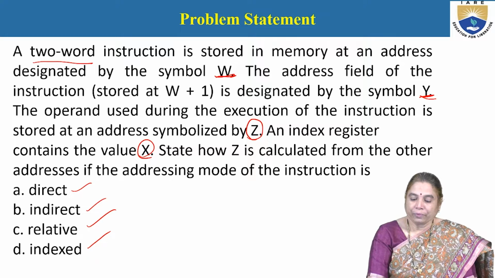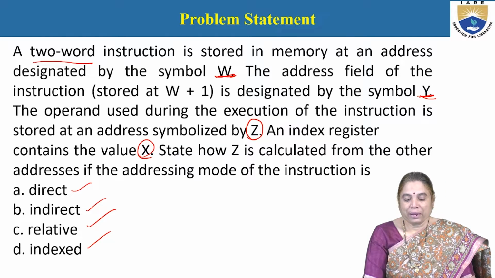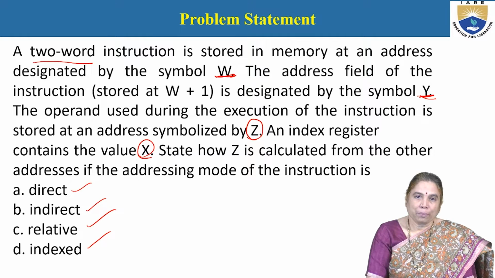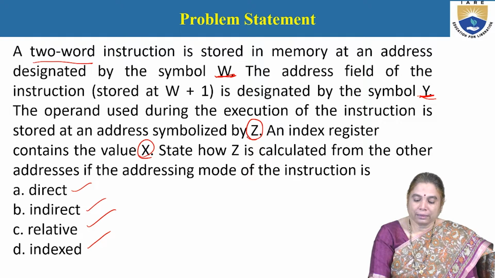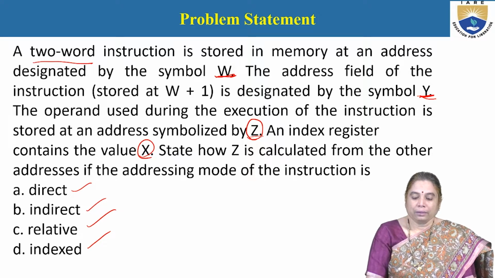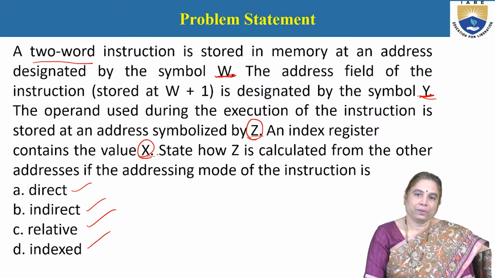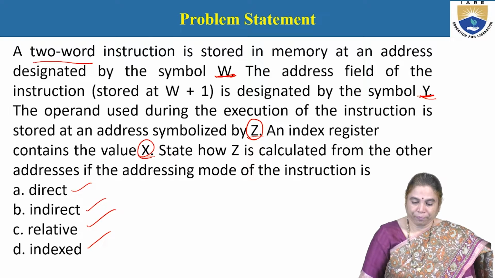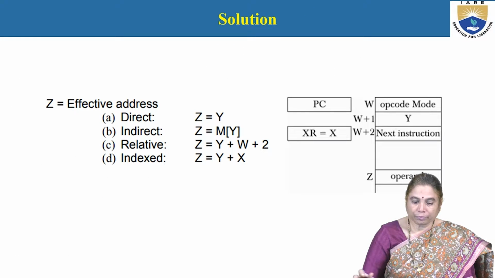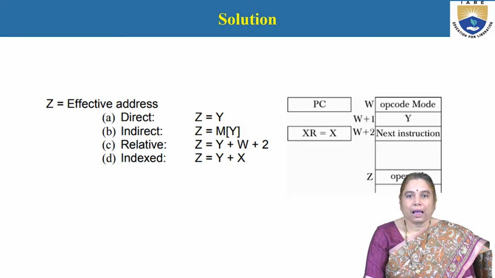The address field is designated with the symbol Y, the operand is available at Z, and the index register value is designated with capital X. So Z is the effective address where the actual operand is available.